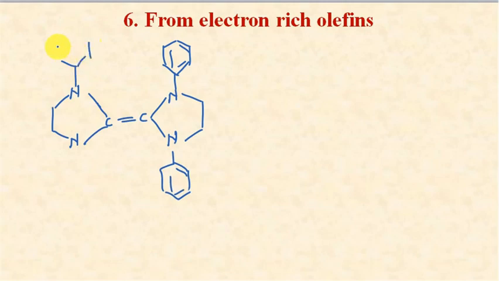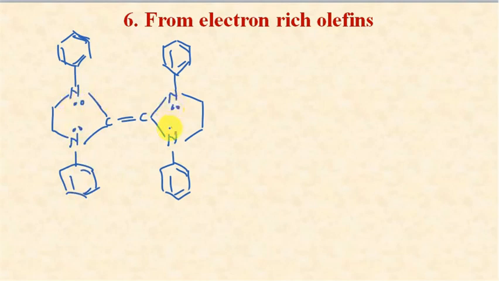And we know that a trivalent nitrogen atom has a lone pair of electrons on it, and due to this a highly conjugated structure is formed in this case. So that's why these are referred to as highly electron rich olefins. They can be cleaved using different compounds. The very first one is Fe(CO)5.